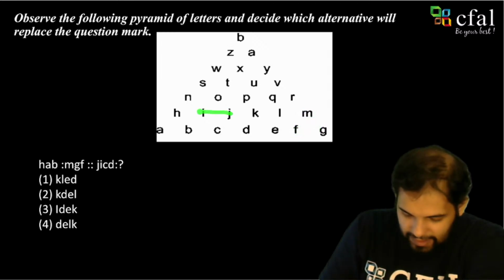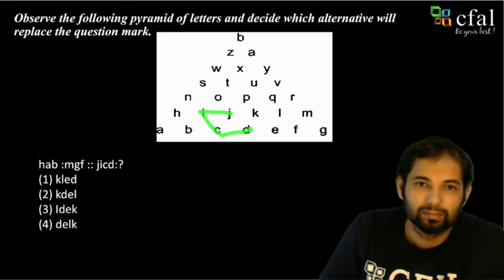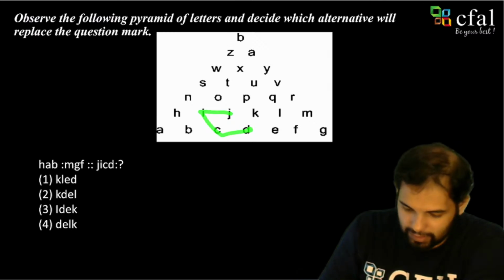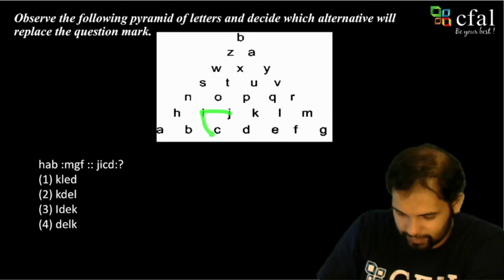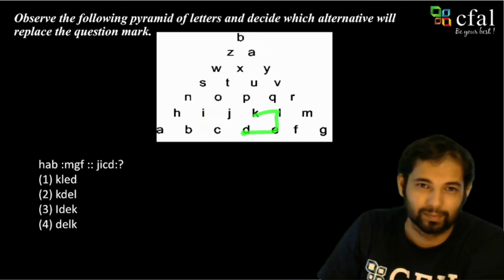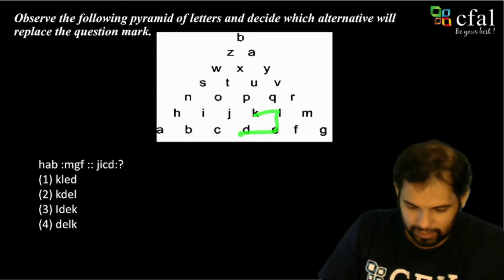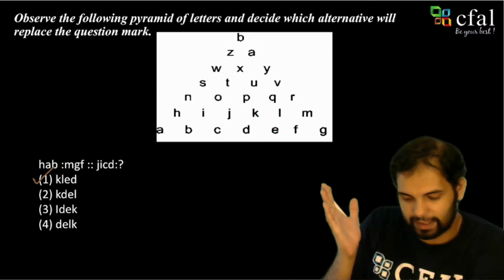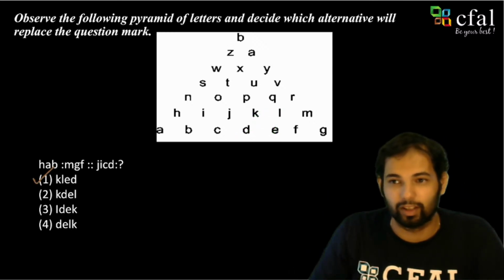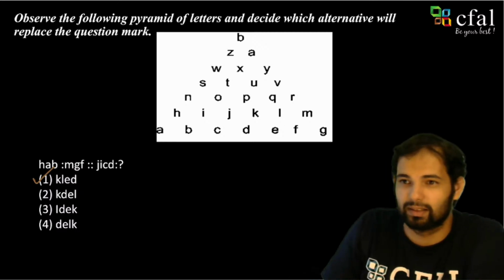GICD. Let's use the same logic. So HAB also is going something like that. So GICD. Is it KLED by the same logic? I think so, right? So option A, not going the other side, not KLEF. Option one is right. So the answered one are right.